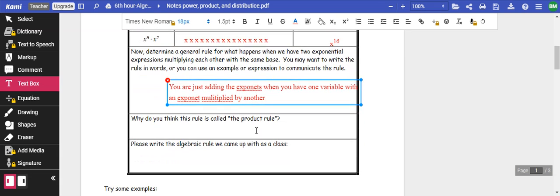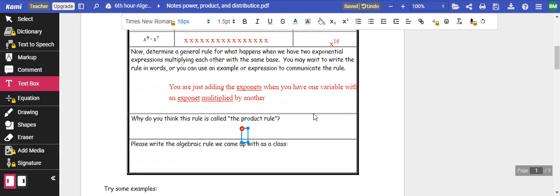It's called a product rule because product means multiplying. A generic rule I would write is x to the n times x to the m equals x to the n plus m in the exponent.